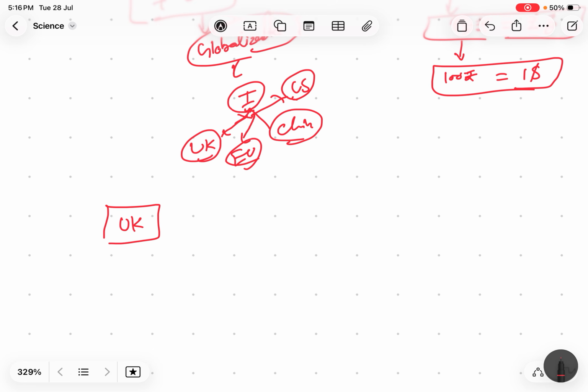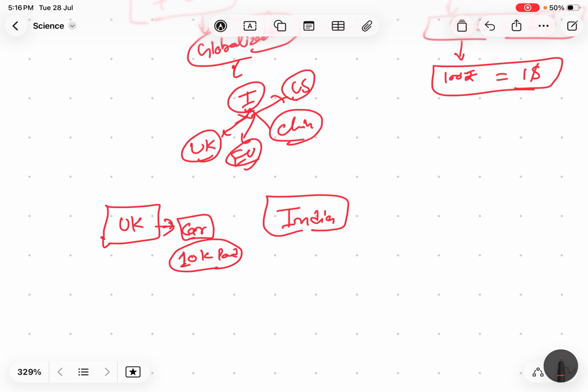If we talk about the UK and India, for example, from the UK you bought a car. In the UK the cost of that particular car was, let's say, 10,000 pounds. When that car reaches the Indian market, you cannot sell this car in pounds.